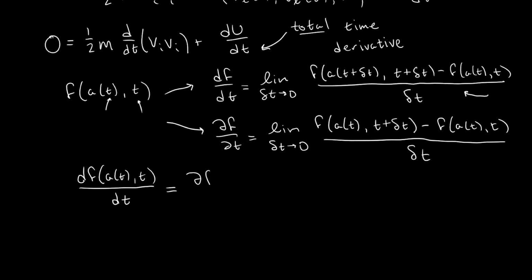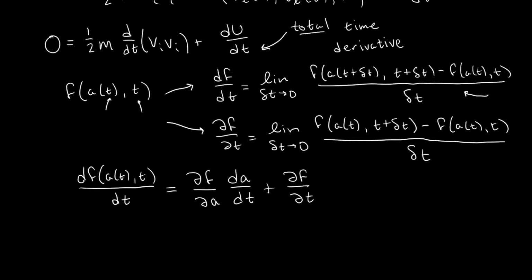So I get something in terms of partial derivatives, and I'll write dA dt as a total derivative, but it doesn't matter too much because a only depends on time. But just to be consistent, I do allow a to vary in this case, so I use a total derivative on a. And then this is plus the partial derivative of f with respect to t.